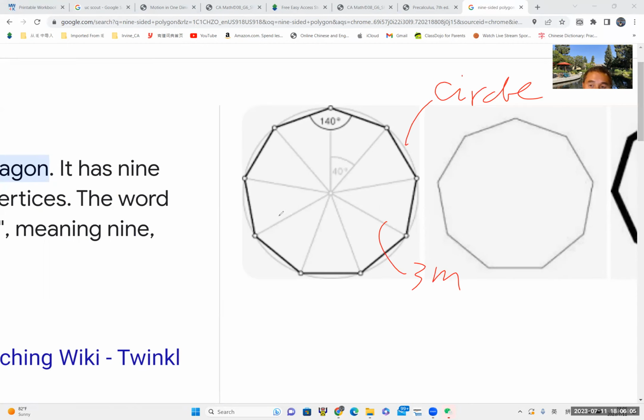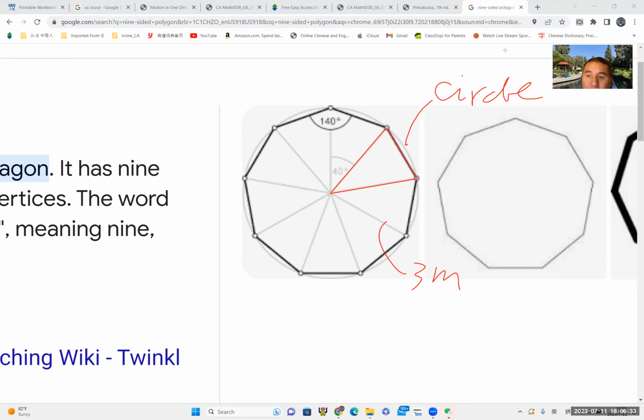So you just need to find one triangle's area, for example, this one. Then times 9, you get the area for the polygon, correct? Now this is an isosceles triangle.